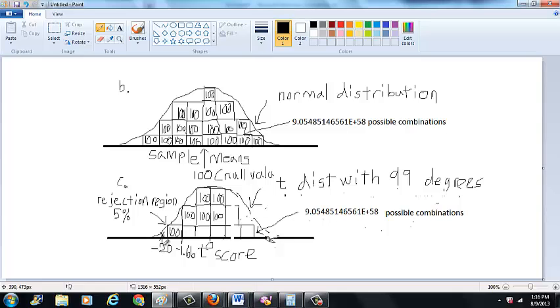The reason why you divide it in half is because your p-value is only at one tail instead of being at both tails. When the p-value is only at one tail and not at both tails, the p-value is only half the size. You divide it in half to get the p-value at one end of the curve.